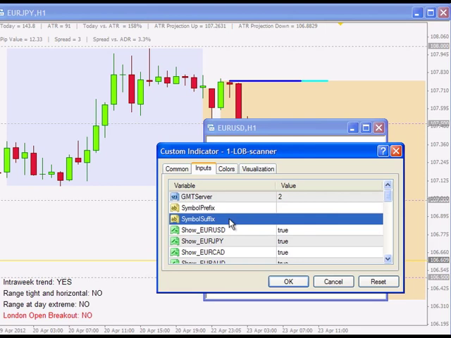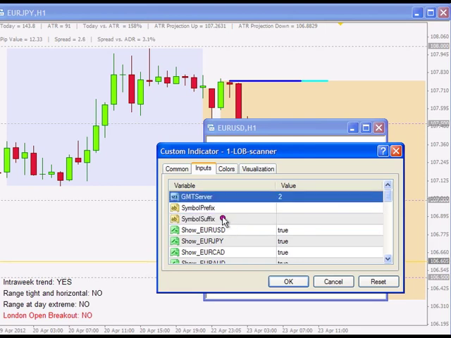Now, there are two more fields that you may have to configure: the symbol prefix and the symbol suffix. As you know, guys, some MetaTrader platforms change the name of the currency pair from the standard euro against the American dollar, and then they add a little suffix at the end, such as, for example, euro American dollar M or euro American dollar XXX.